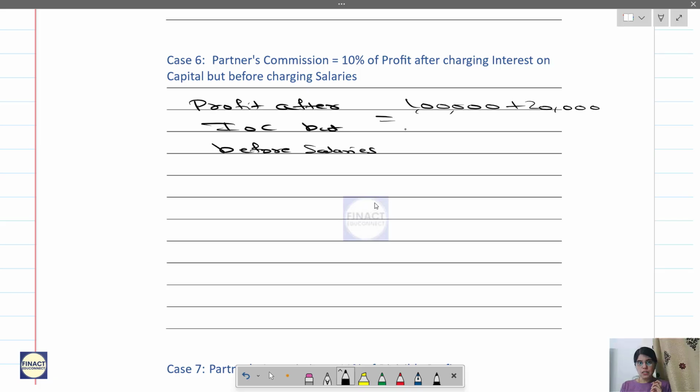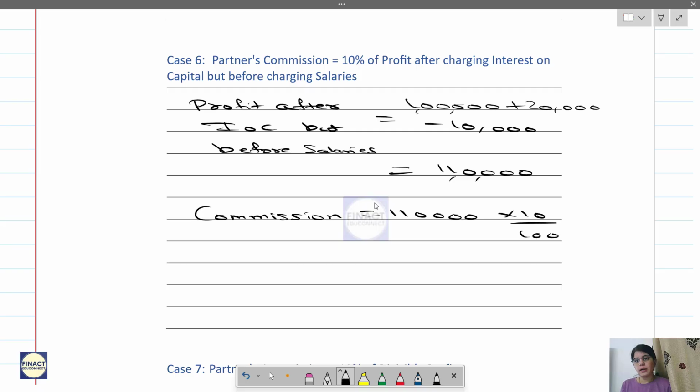Now interest on capital was 10,000, so minus 10,000, we got 1,10,000, and so commission comes to 1,10,000 into 10 by 100, so you get 11,000.